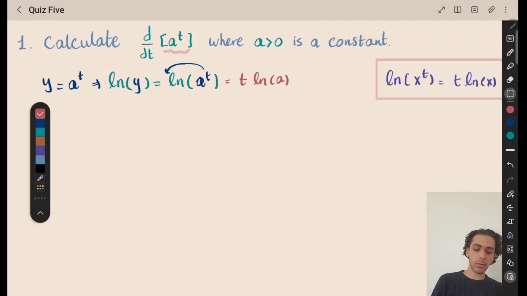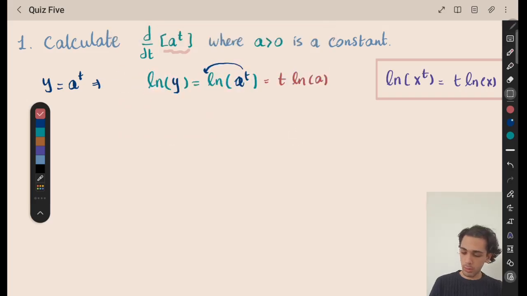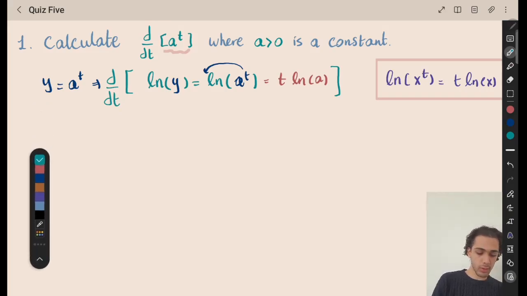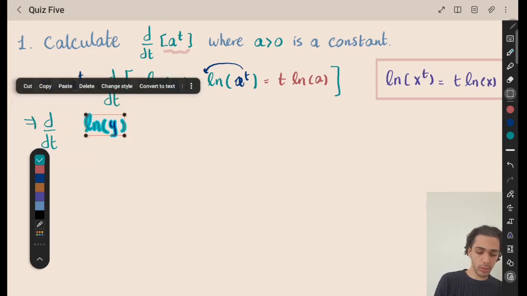So we take the derivative of both sides with respect to t, very important. So this gives us the following. I want to leave the derivative of ln of y for now. I'll just write it as it is.